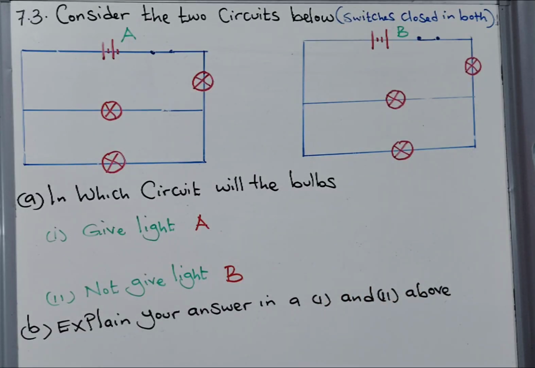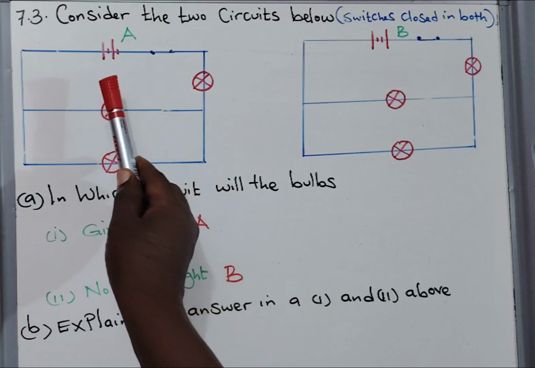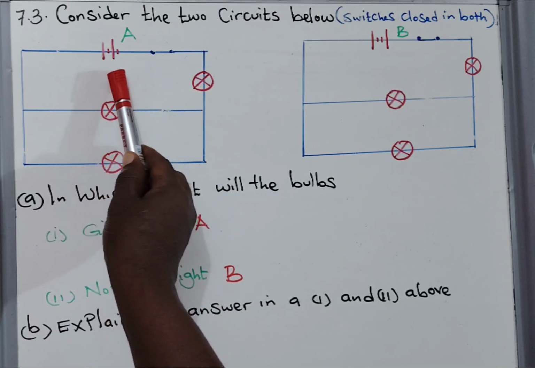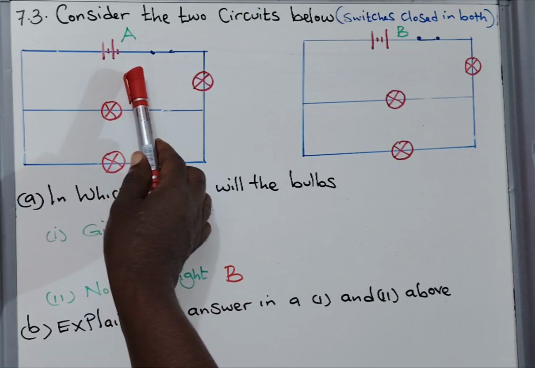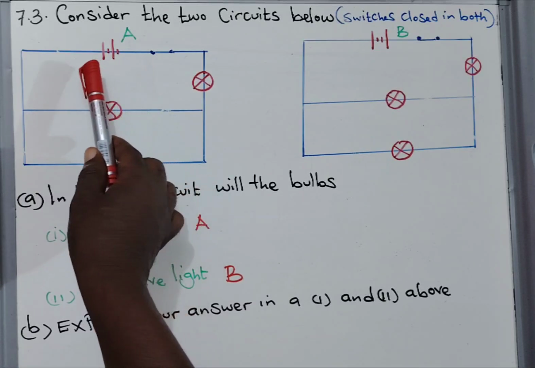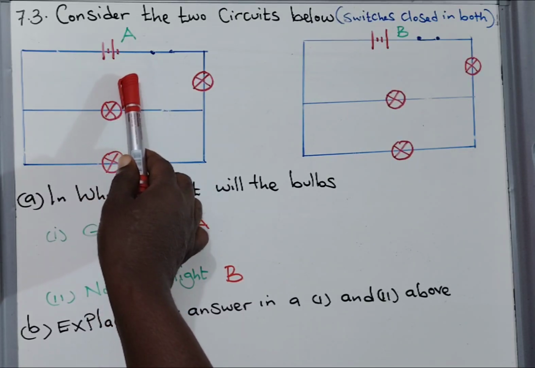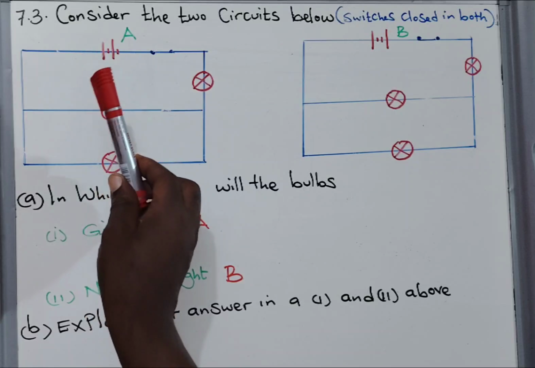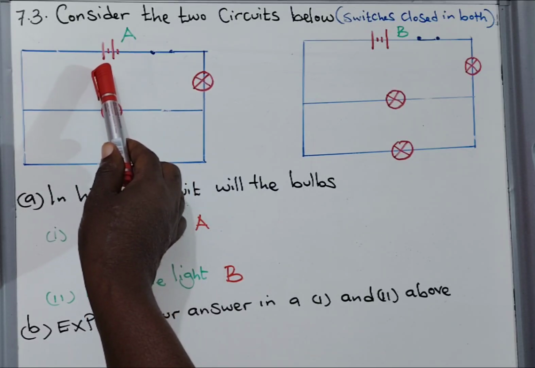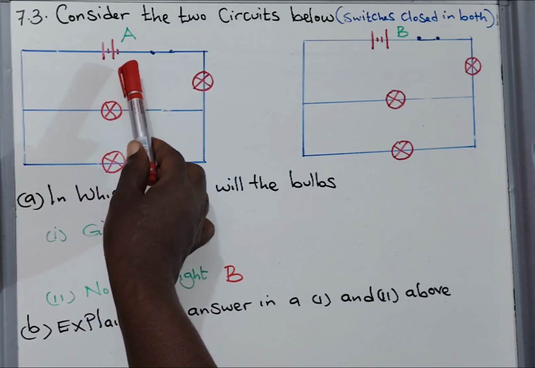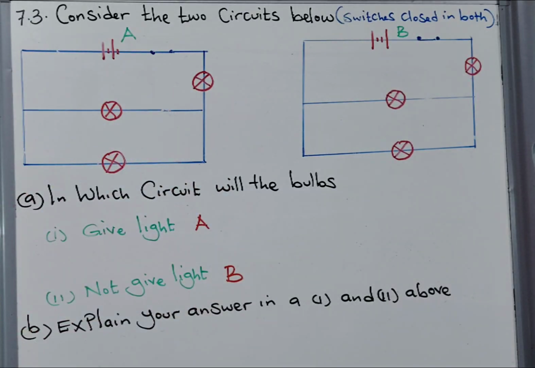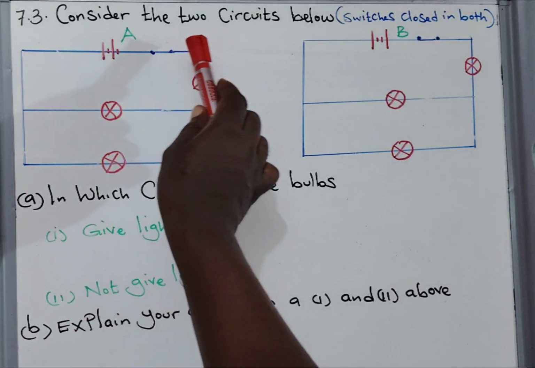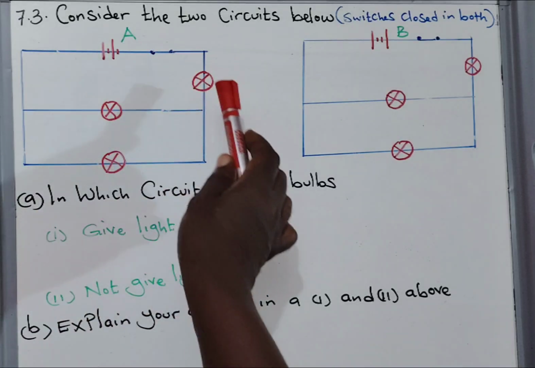The explanation is that in A, the cells in the batteries are correctly connected. The connection must be that the positive goes to the negative of the other one, and the positive of the other one goes to the negative, like that, such that the electric current flows in one direction.